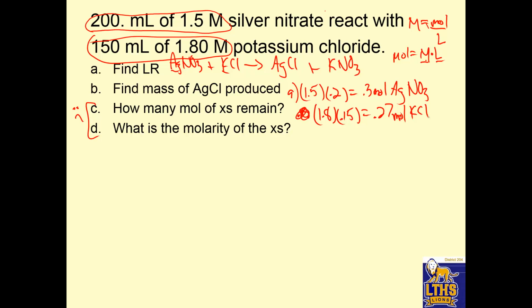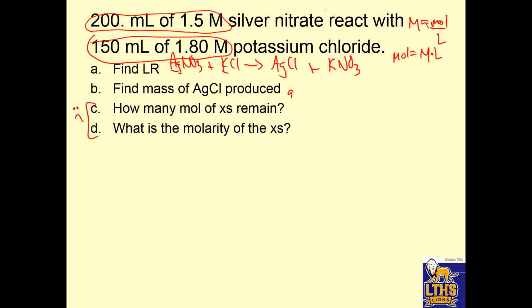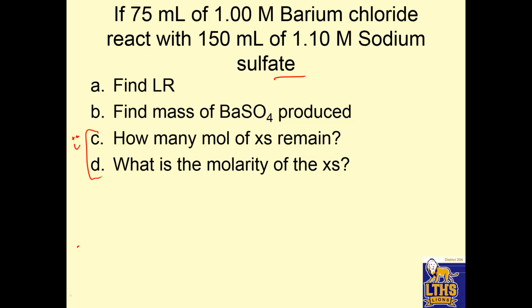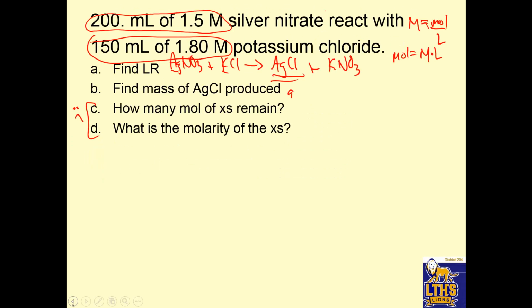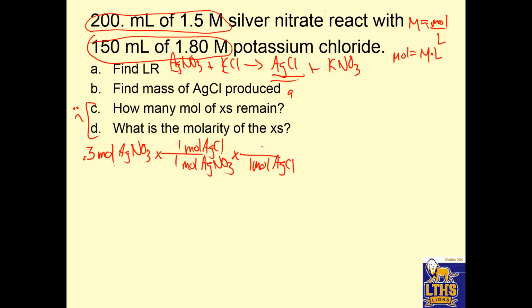Now I'm going to convert both of those into AgCl. Oh, you're kidding me? Those numbers are gone. Okay, so I do remember, hopefully you wrote it down, 0.3 moles of AgNO3 times a dividing bar, 1 mole of AgNO3 over 1 mole of AgCl, 1 over 1, times grams of AgCl.